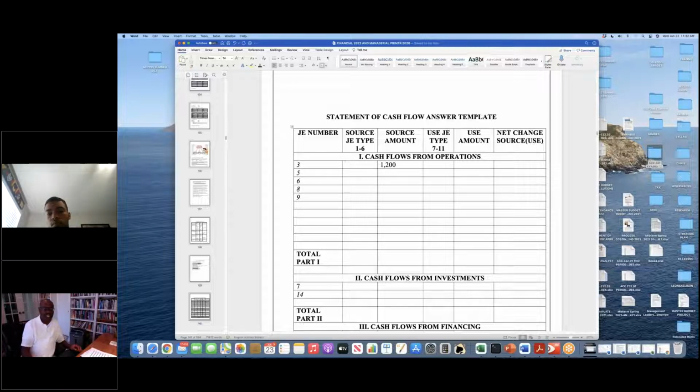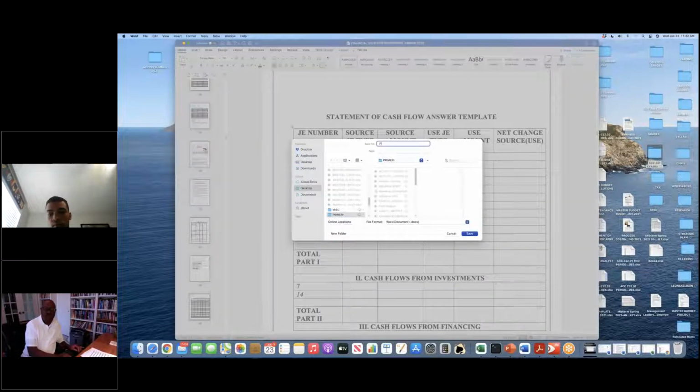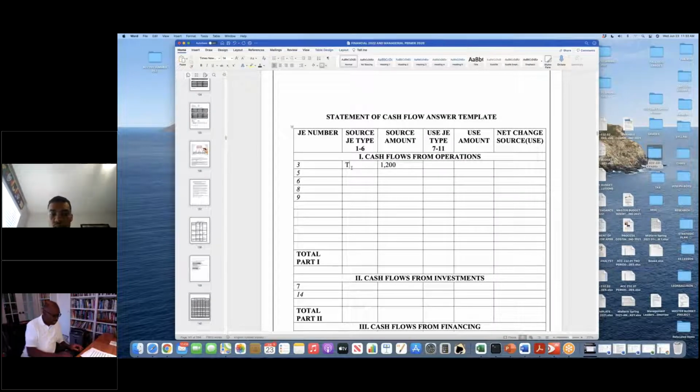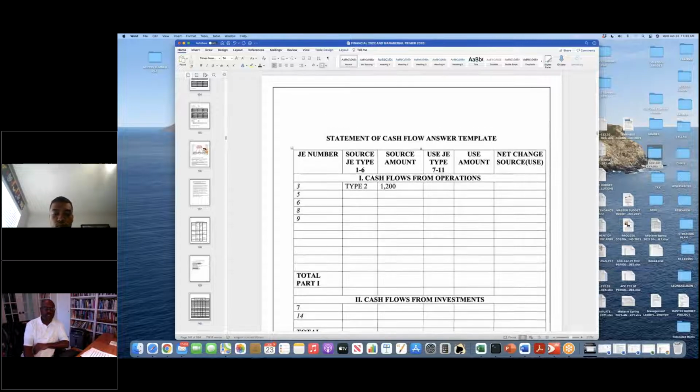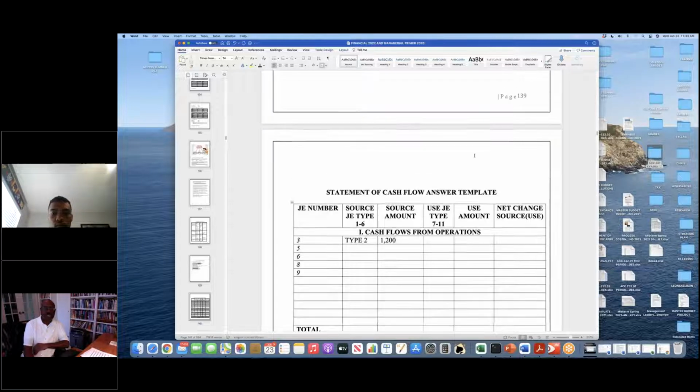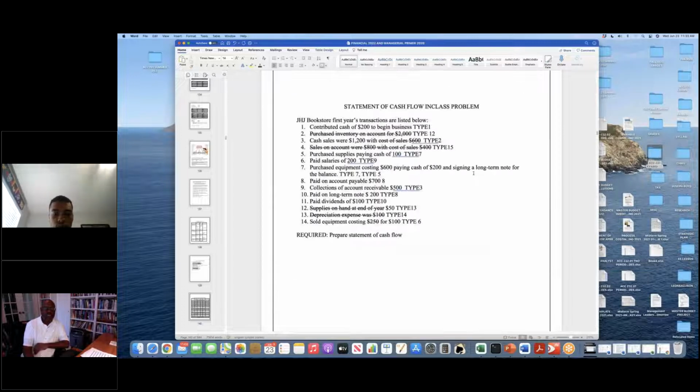And so this is transaction number 3 with the journal entry type. Journal entry type is a 2. We go back up again to the next transaction, sales on account. We skip that. That doesn't come on there.